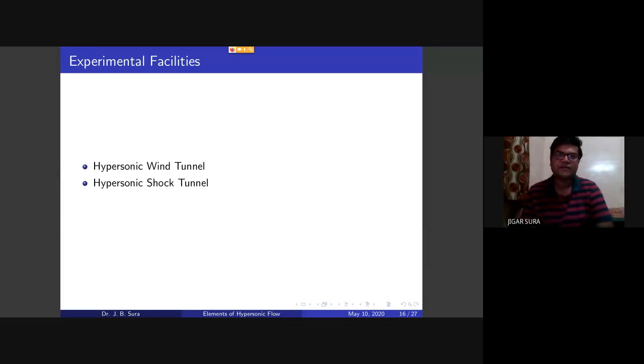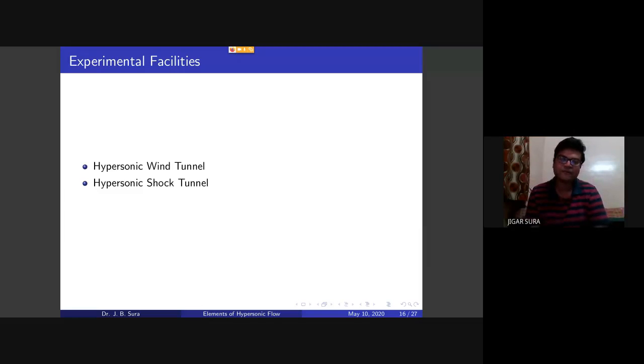Now, experimental facilities for hypersonic flights. If you talk about subsonic planes like Cessna size of plane or Embraer type of business jet, then you can have a full scale wind tunnel for subsonic flow, and there are some in the world which have a large room which can accommodate the entire plane.